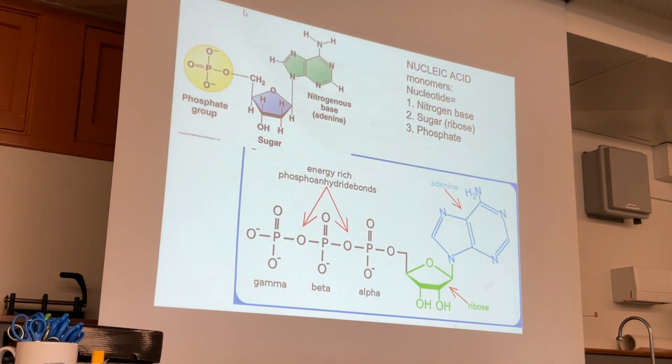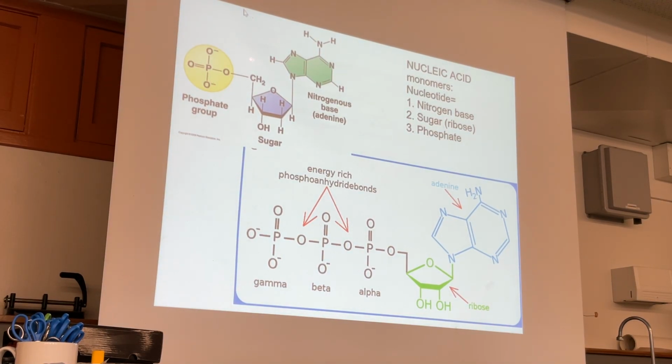Ribose sugar. You've heard of ribonucleic acid, right? That's RNA. You've also heard of deoxyribonucleic acid. What do you think that one is? DNA. Okay, so guys, DNA and RNA, those are both examples of nucleic acids.